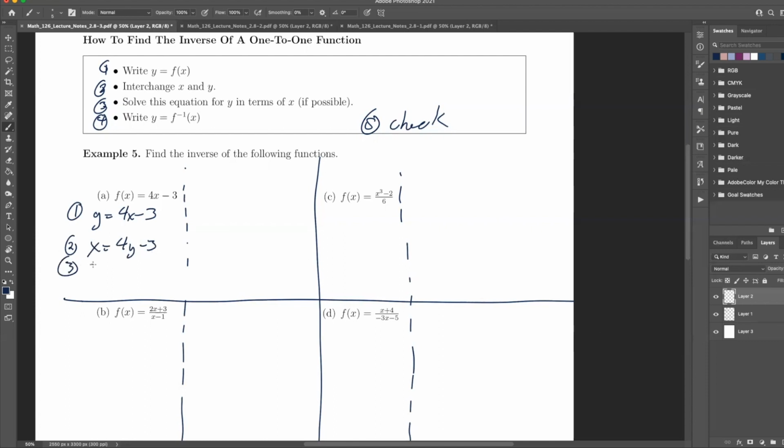So if I was going to solve this for y, x minus 3 equals 4y. And then we'll have y is equal to x minus 3 over 4. And then now that we have that, we'll have f inverse of x is equal to x minus 3 over 4.